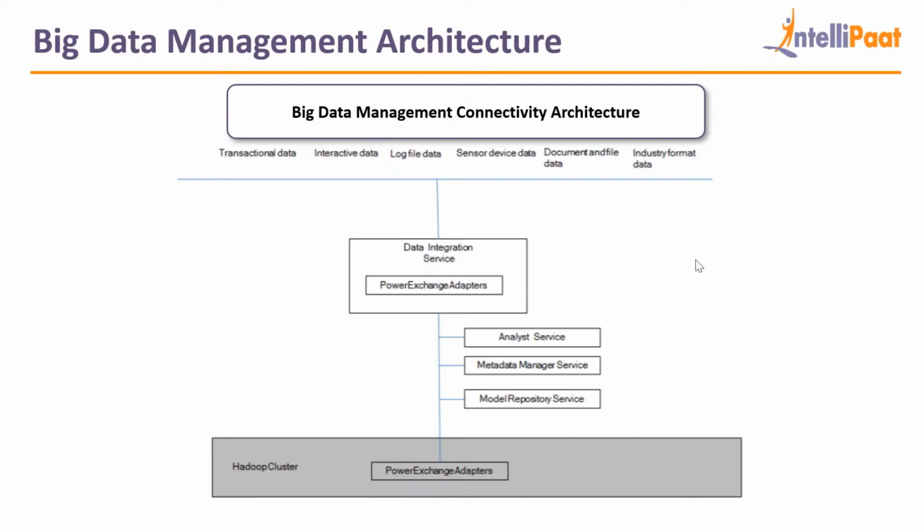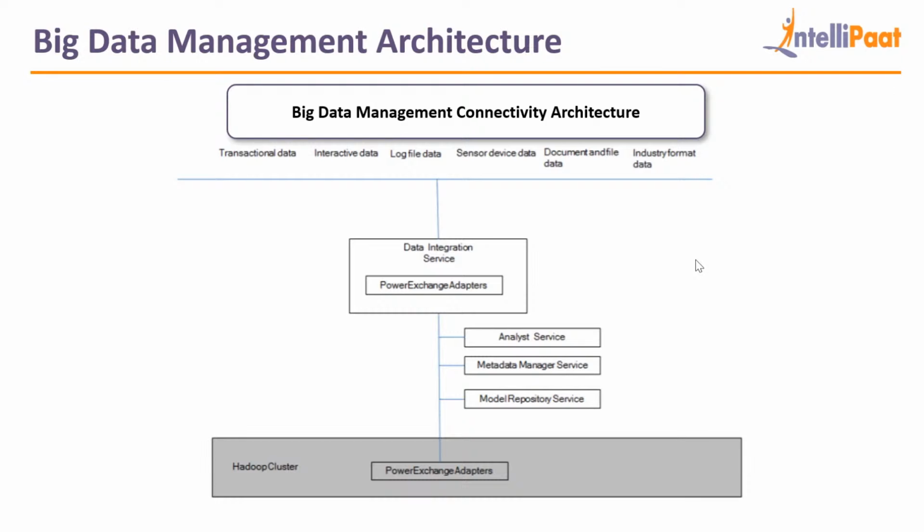What the data integration service does is use these Power Exchange adapters to connect with the big data sources and targets. The target is the Hadoop cluster. The sources can be various sources which are available, or it can be a flat file from the Hadoop cluster itself. Also, the data integration service pushes down the job processing to the Hadoop cluster.